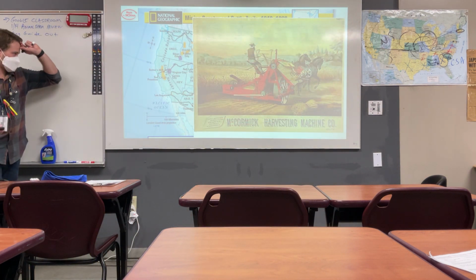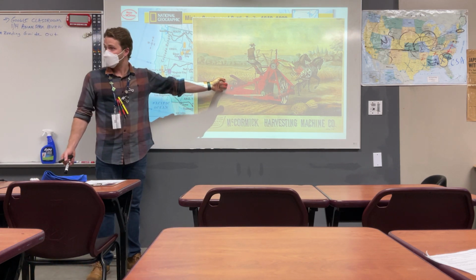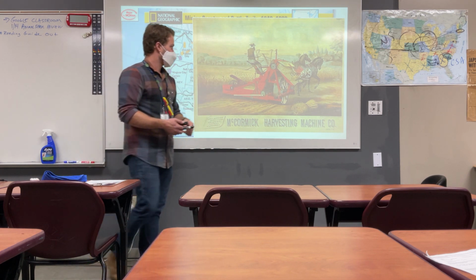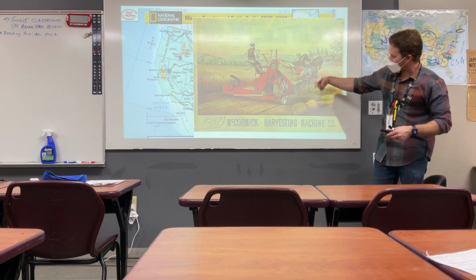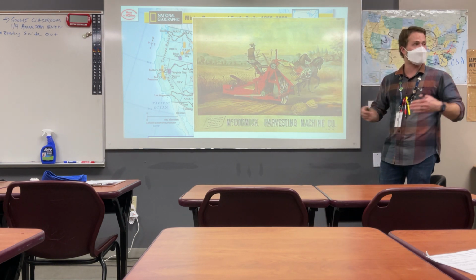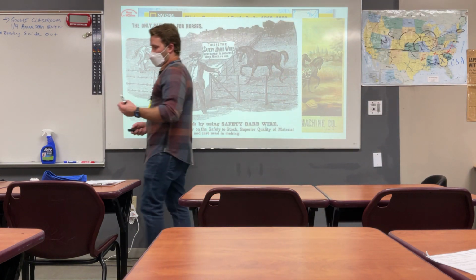Here's one example. I showed you a harvesting machine, farm equipment. Nice little picture for you, if you're curious what it looks like, that's a harvester. This guy can just sit there, and as you can see, it picks the wheat and ties it up. Fancy technology makes farming easier. And there's barbed wire.